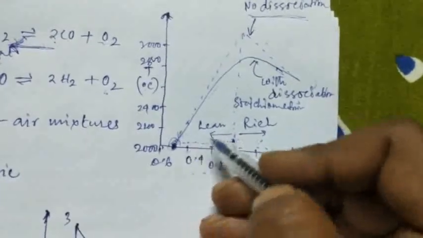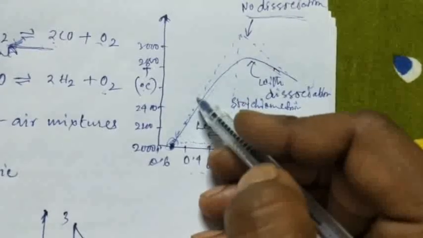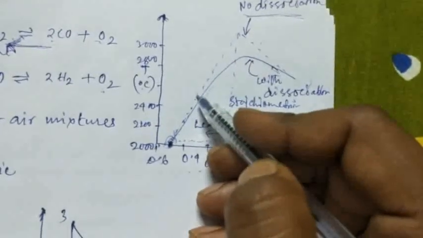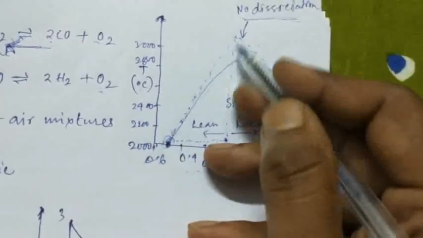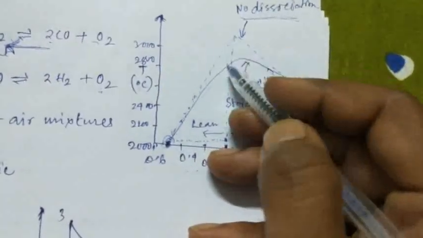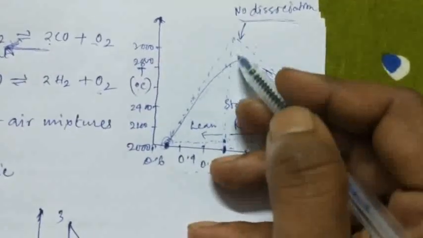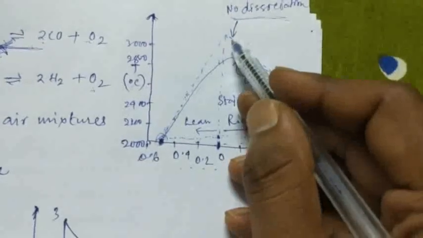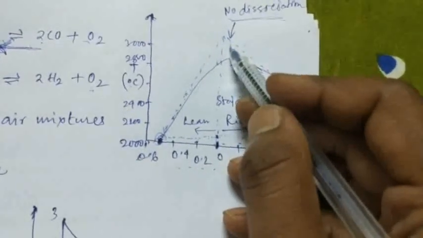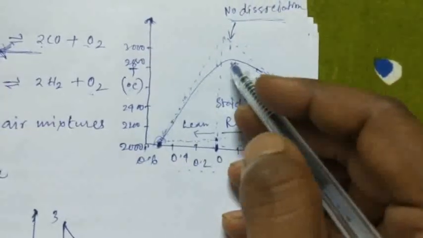As the mixture gets towards stoichiometric, it will dissociate, and the temperature rise will not be that much; it will fall down. As the mixture gets towards stoichiometric, the temperature difference is much more than with no dissociation. But it has been seen practically that just above the stoichiometric line, the maximum temperature rise will occur and maximum dissociation will occur.